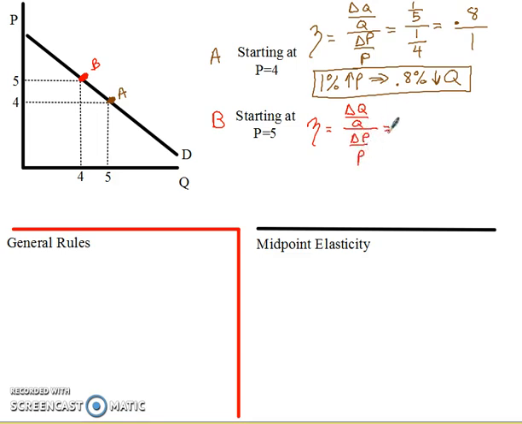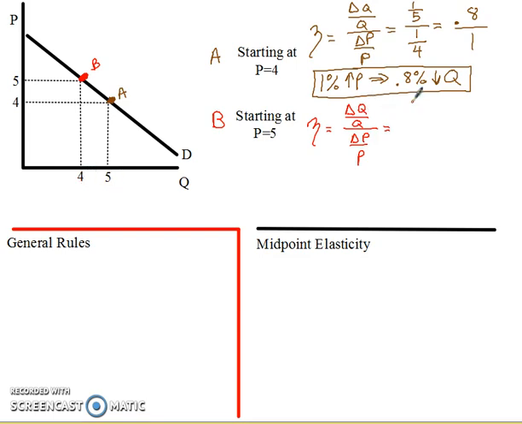So my change in quantity, okay, when the price is going to go from 4 to 5, did I just say that backwards? Let me say that again. Price is going to go from 5 to 4. We're going to cut the price from $5 to $4, and when we do, the quantity is going to go up from 4 units to 5 units. Consumers are going to increase their consumption by 1.